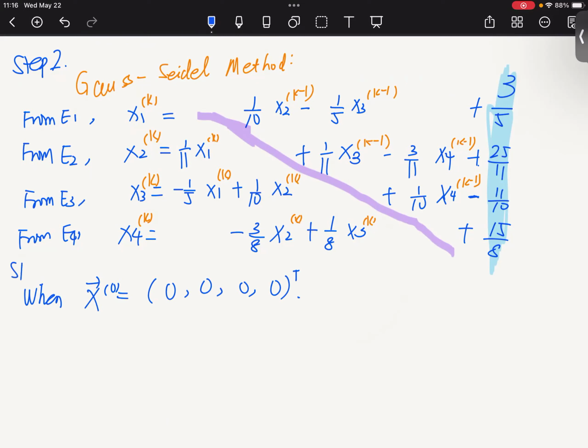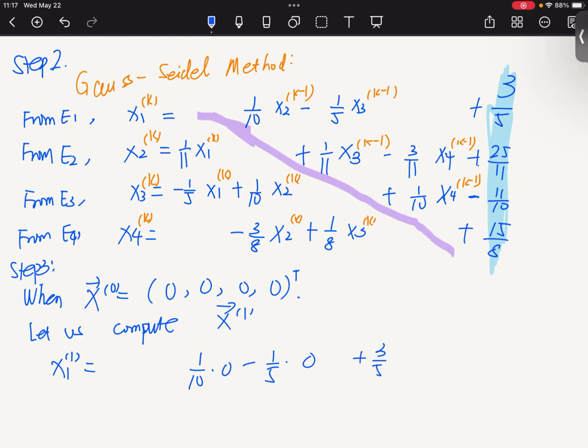This is already step 3, so let us compute the vector in the first iteration. So x1, the first component of the vector for iteration 1, equals 0 times 0, minus 1/5 times 0, plus 3/5, which is just 3/5, around 0.6000.